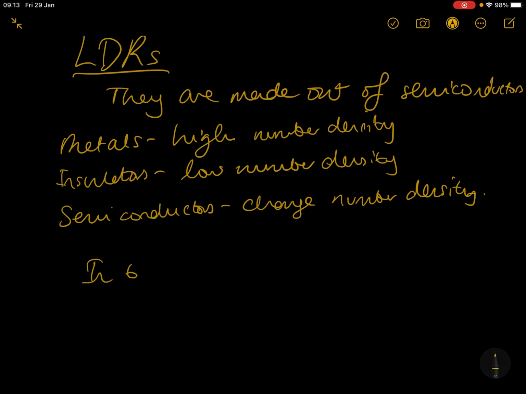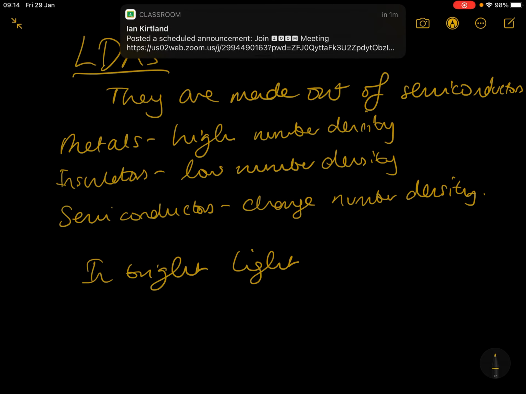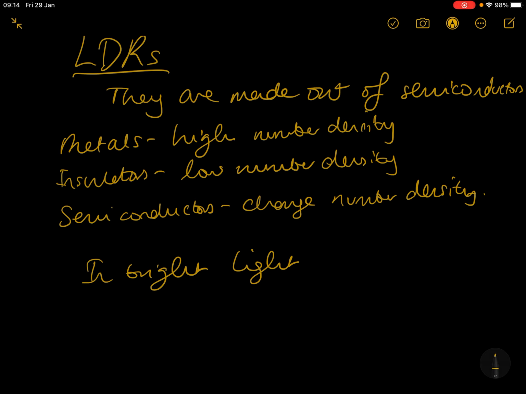In bright light, the electrons, which as we know are the charge carriers in a semiconductor, gain enough energy to break free of their bonds. That means that there are more of them around, so the number density has increased, and as you know, when the number density increases, it can carry more current and the resistance drops.